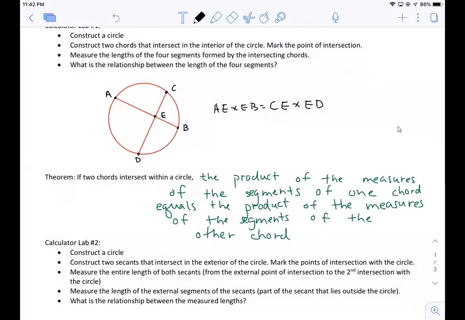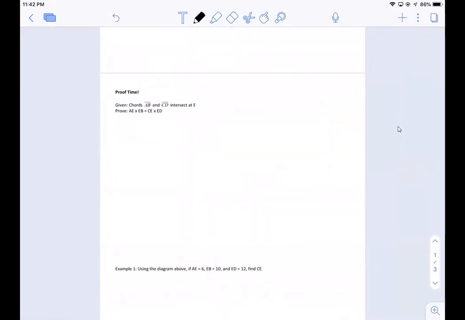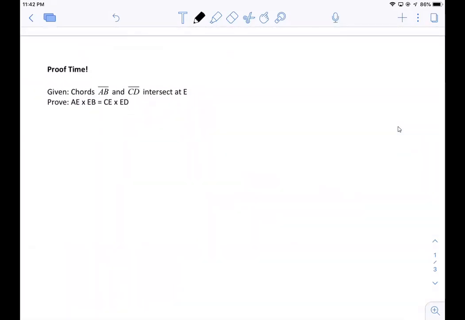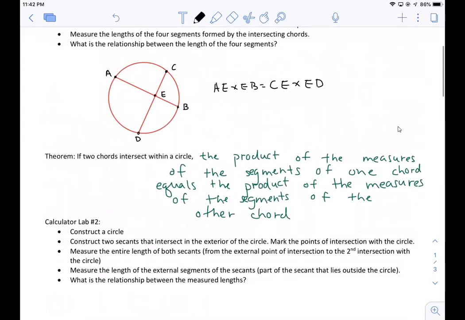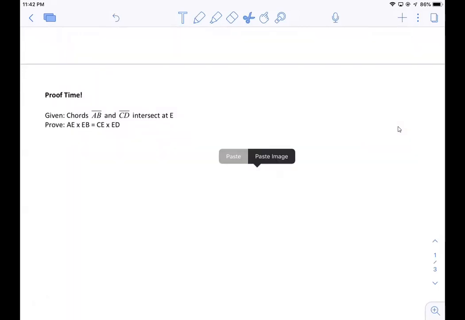Of course, we've done the lab, we've seen the relationship, but we haven't proven it yet. So here is the fun proof time. Given chords AB and CD, which intersect at E, prove our theorem. I can actually just copy and paste this picture because it's exactly set up the way this given is.